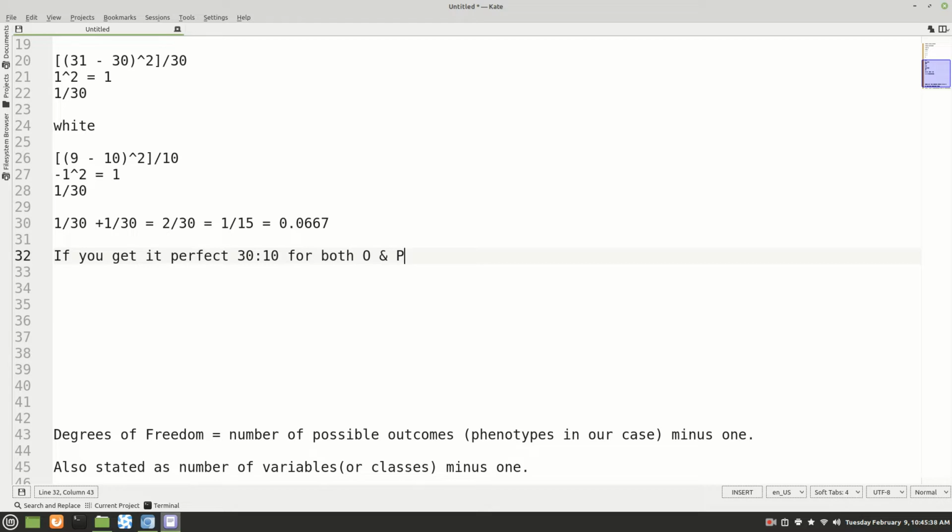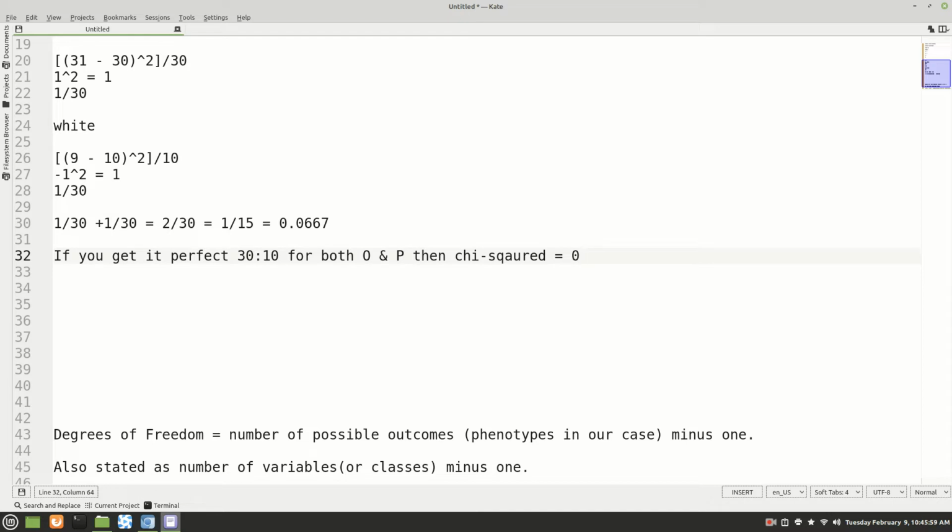You expected 30 of one color and 10 of the other, and you actually got it in your experiment. Then your chi-squared answer is equal to 0.